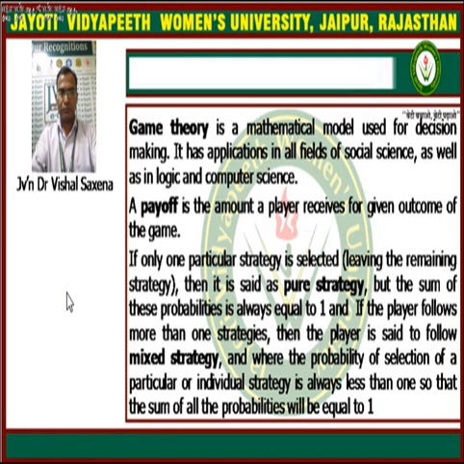Next we are going to discuss strategies, the pure and the mixed strategy. If only one particular strategy is selected, then this is called a pure strategy. And when the player selects more than one strategy, then the player is said to follow a mixed strategy.